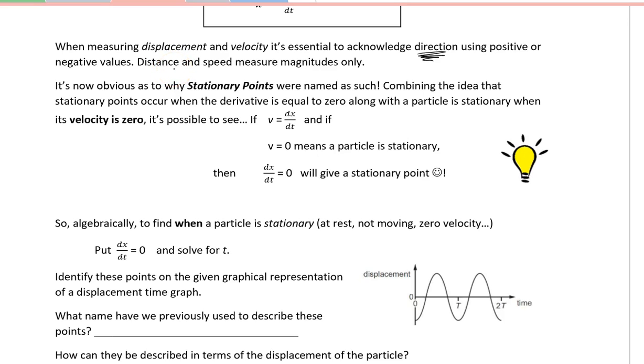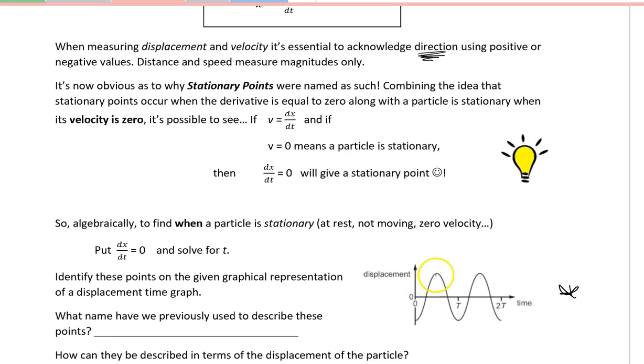Now, let's have a think about it. Have a look at this example down here. If this is the graph of where the particle is placed with respect to time, it doesn't mean that the particle's going up and down. It means that from a fixed point, the particle was in the negative of the fixed point, and it came towards the origin or the fixed point.